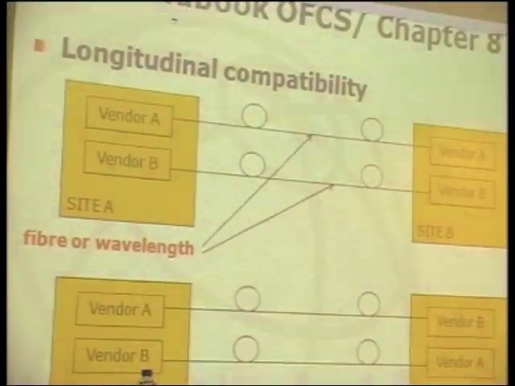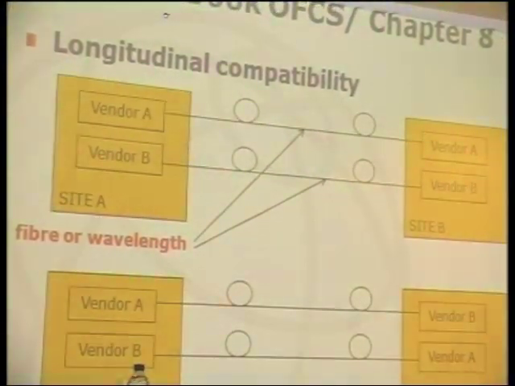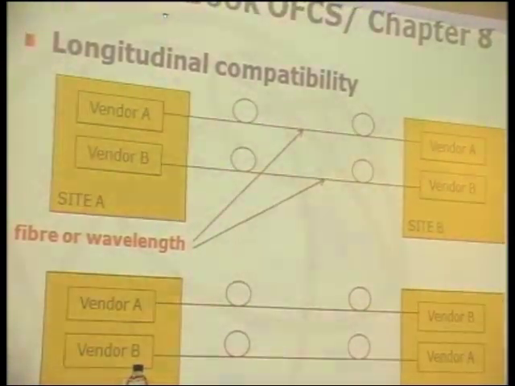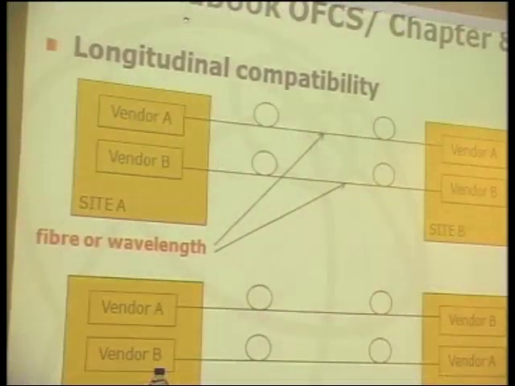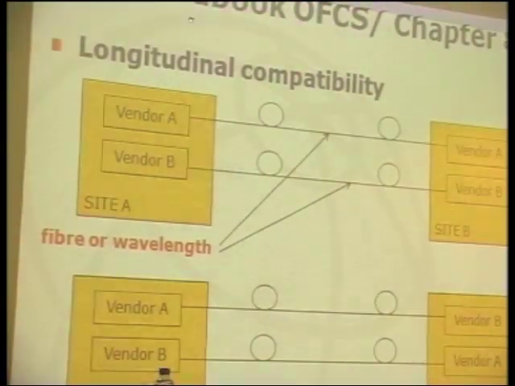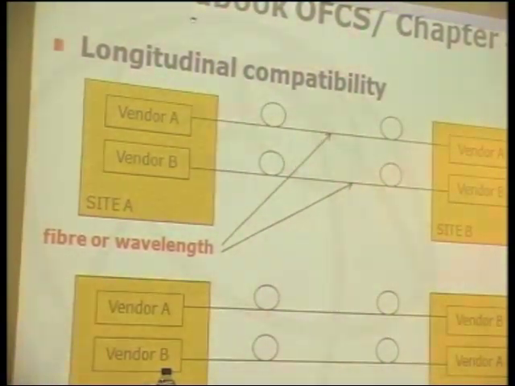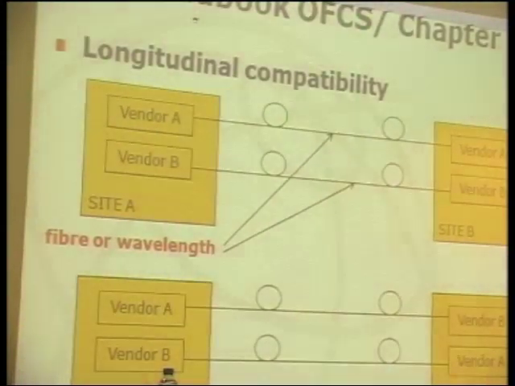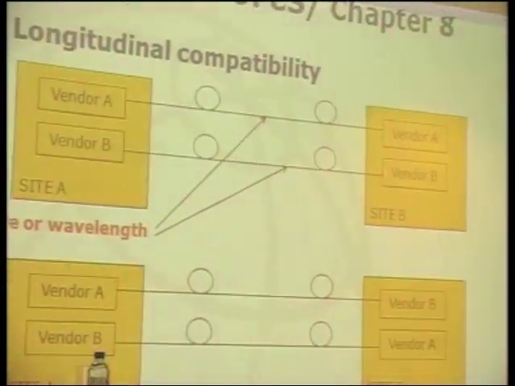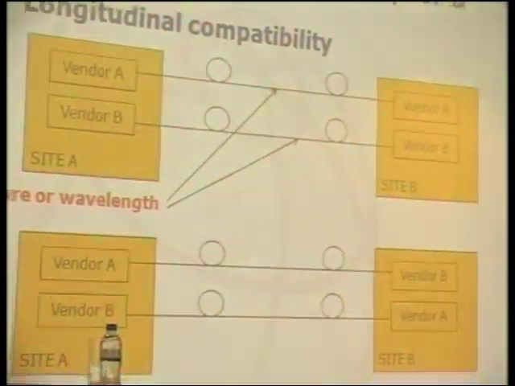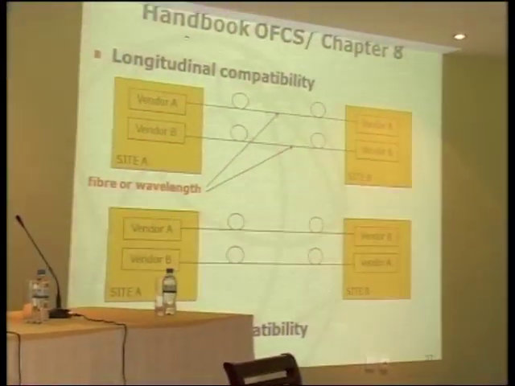So it means that the system I am buying is able to transmit 10 gigabit per second over 100 kilometers, provided that the attenuation of the fiber is such, the chromatic dispersion of the fiber is such, the polarization mode dispersion of the fiber is such, and so on.